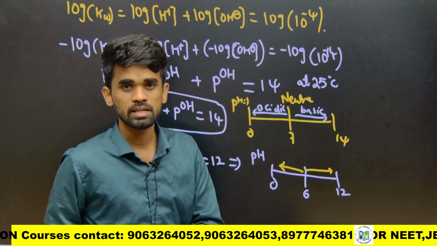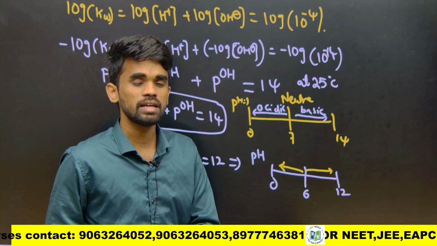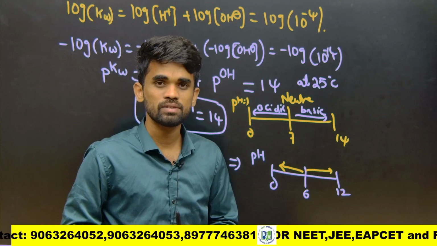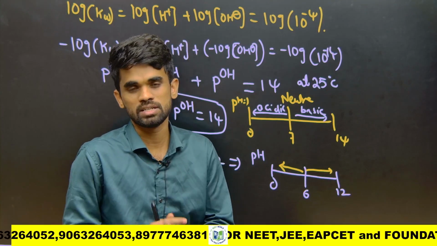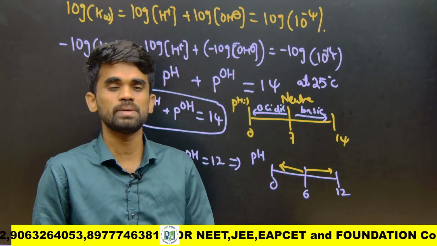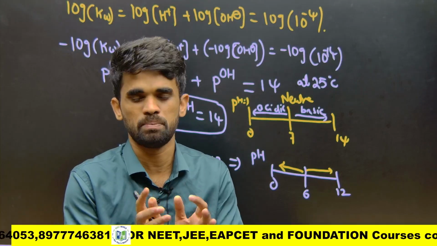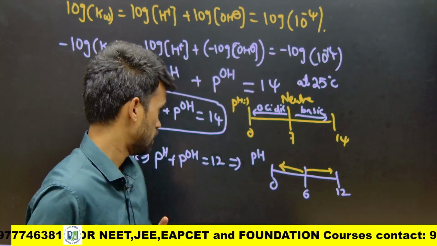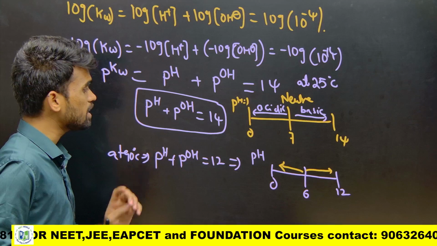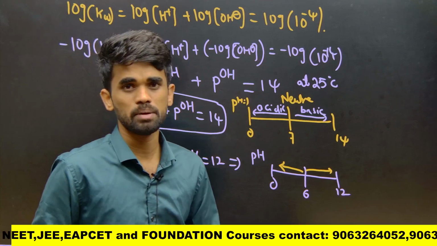Hope it is clear. So what is the only factor affecting the pH value here? That is temperature. So we can make a statement that pH is temperature dependent. These are the important things you have to remember.